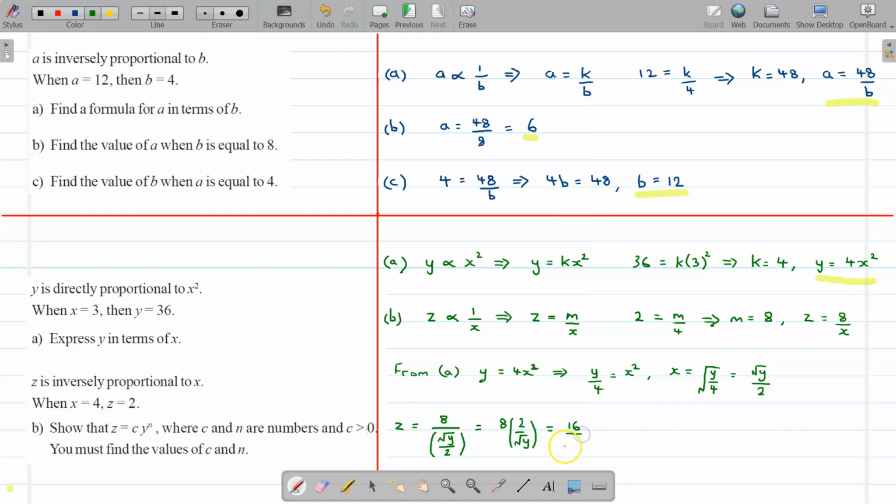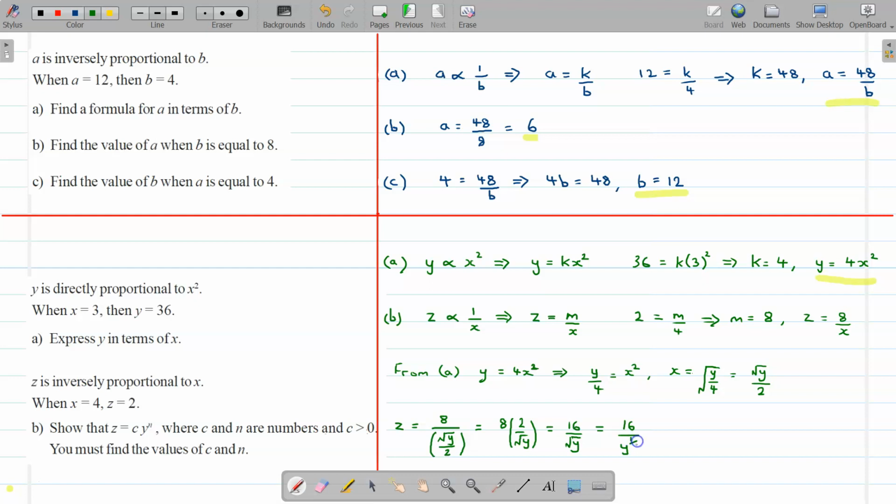And 16 over root y, using the rules of indices and the definition of the square root in terms of a power, is the same as 16 over y to the power of a half.